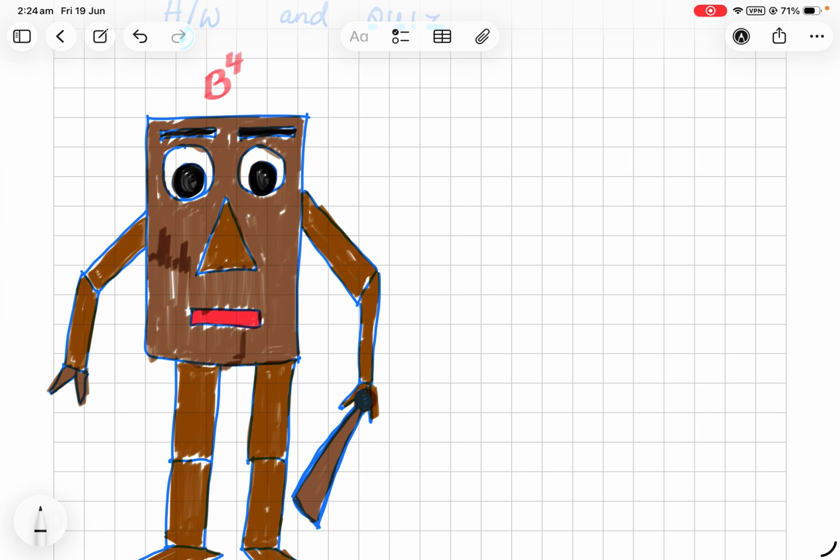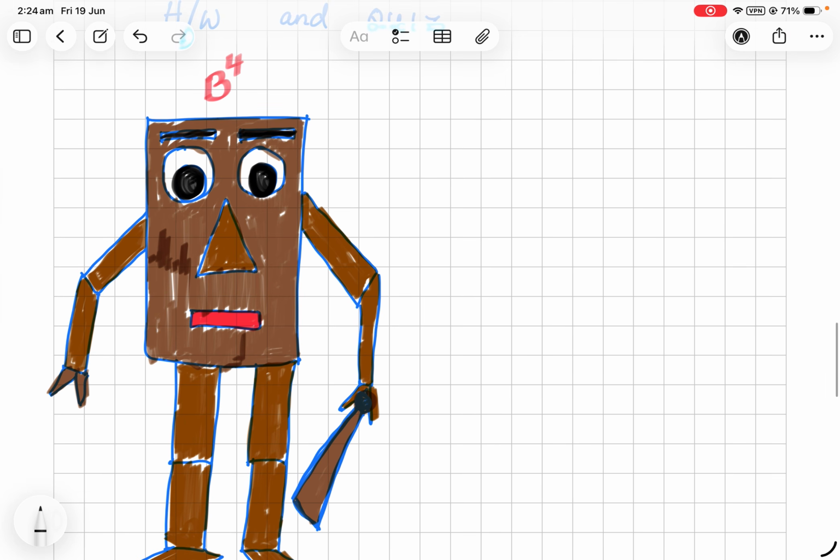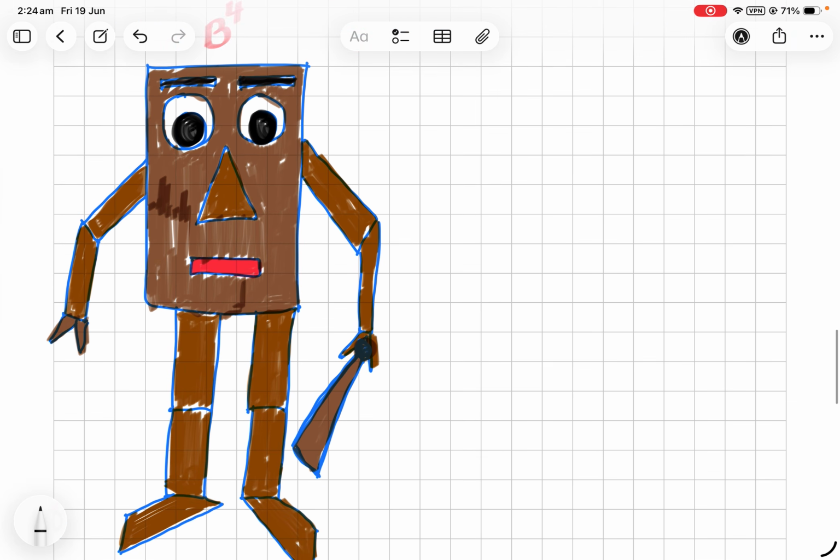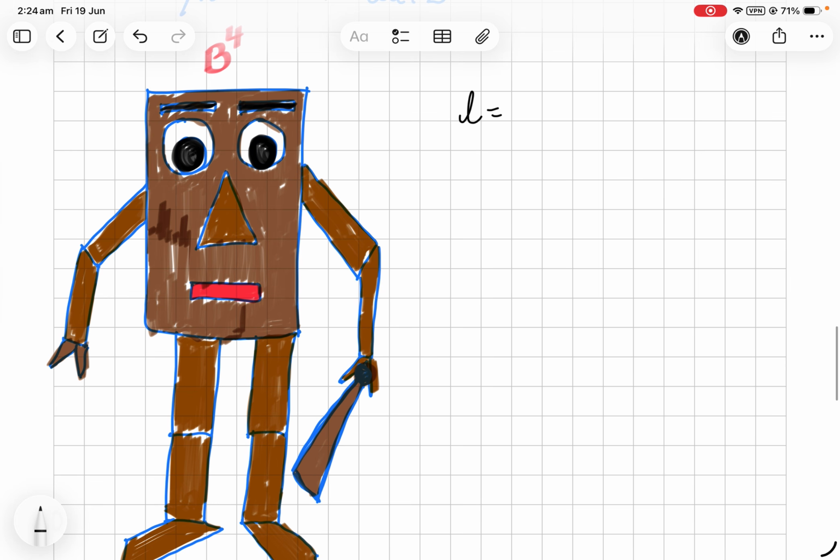When you look at the face, the length is 1, 2, 3, 4, 5, 6, 7, 8. The width is 1, 2, 3, 4, 5 units. So the area of this face would be 8 times 5, which is 40 units square.